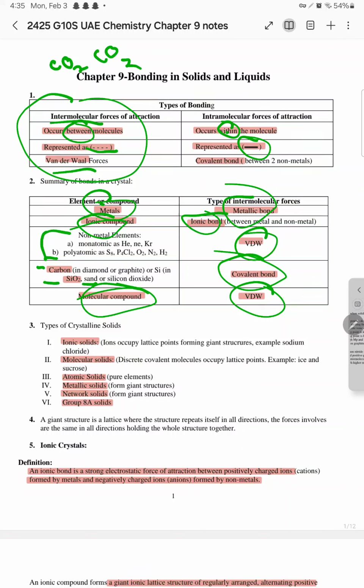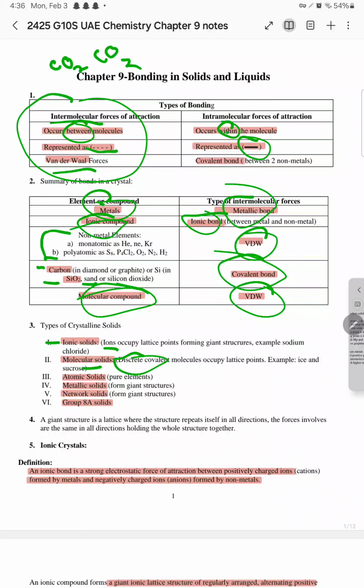Now we have types of crystalline solids. Ionic solids, at their lattice points you find ions. Molecular solids, where you find molecules at their lattice points, which are discrete covalent molecules. Atomic solids, which are just pure elements.